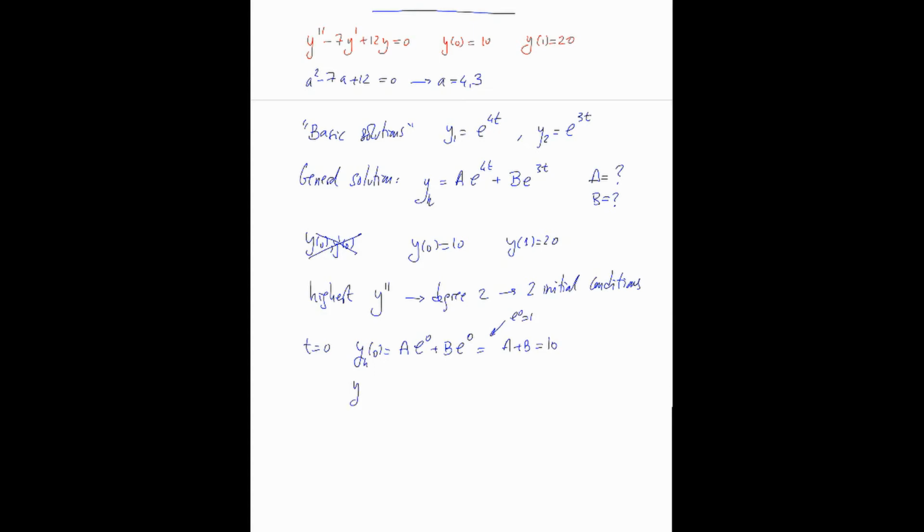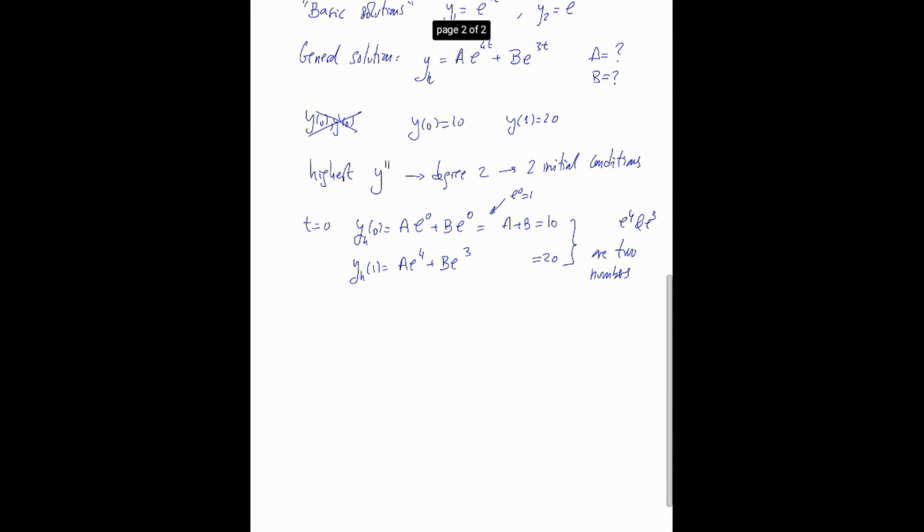Now y of 1 is a e to the 4 plus b e cubed, so this equals 20. Nothing to be scared of here. e to the 4 and e to the 3 are two numbers that you can find in your calculator. But they're numbers. So to find a and b, we must solve this easy system.